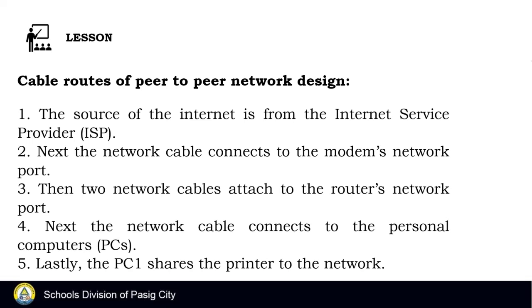Number 3, then two network cables are attached to the router's network port. Number 4, next, the network cable connects to the personal computer. Number 5, lastly, computer 1 shares the printer to the network.